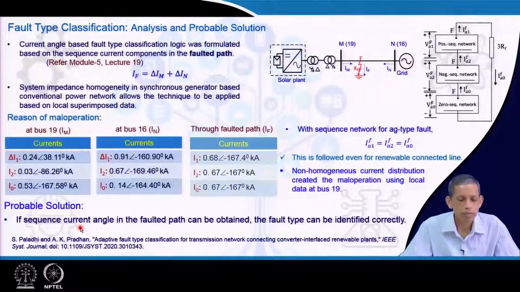Now, to overcome this, what is the solution for the relay? The probable solution is that if the sequence current angle in the faulted path can be obtained by any means, then the fault type classification approach which we have used in transmission network protection earlier, for distance relay applications, can be used further. And the reference below provides that information.